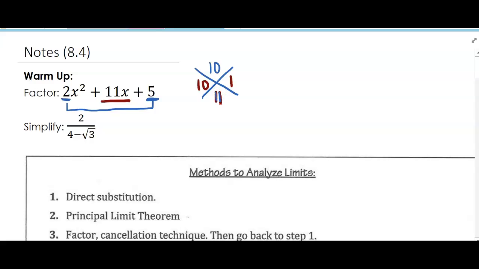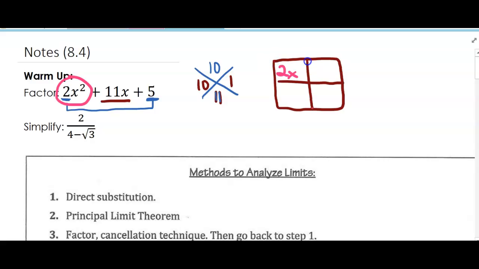When we get those, we're going to throw this into an area model, keeping our 2x squared, throwing that in the top left box, my positive 5 in the bottom right box, and then using our two other boxes to split this 11x, my middle term, into 10x and positive 1x.